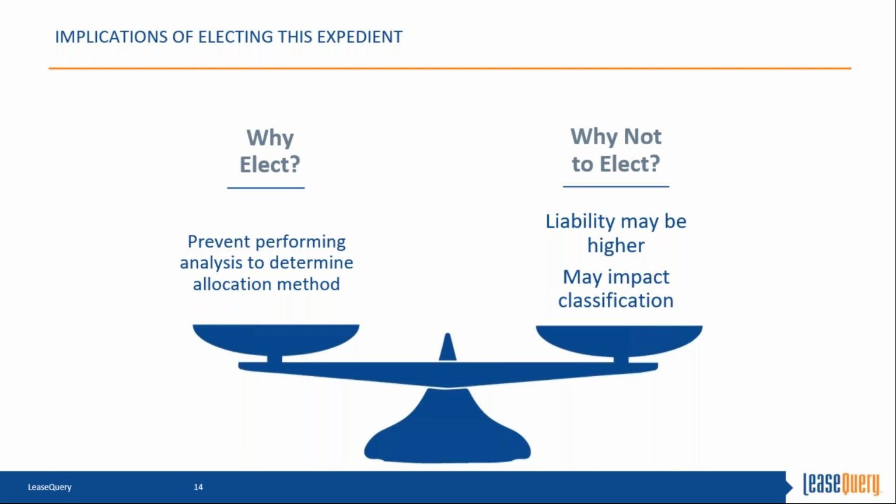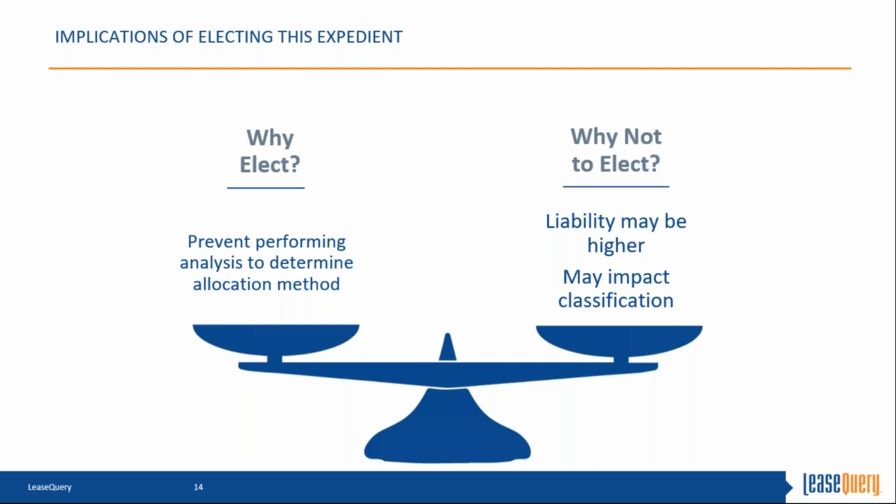I think the only thing that I would add to that, Jason, is that some of these elections do afford you the opportunity to make different elections based upon the class of asset. So the lease and non-lease component is a good example where, for certain real estate contracts, it may make sense to combine the lease and non-lease component to make that easier to administer, or to separate.